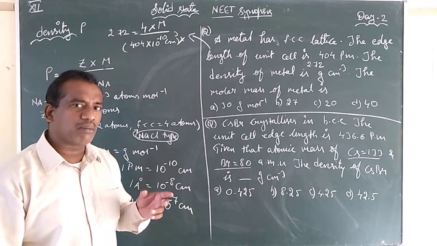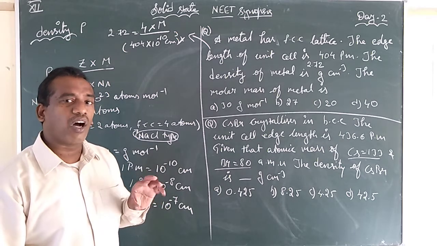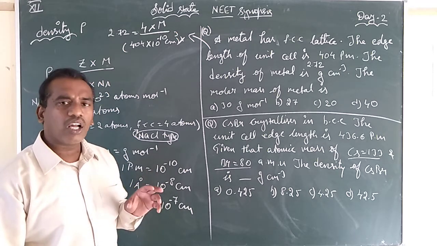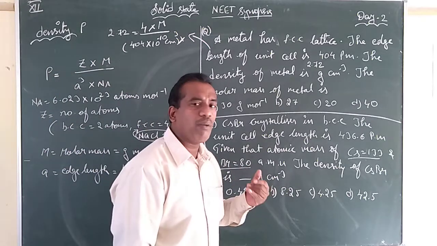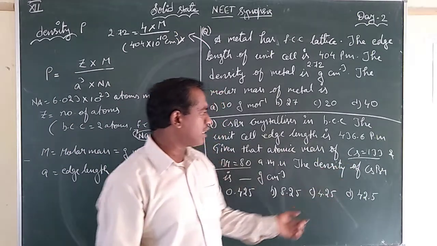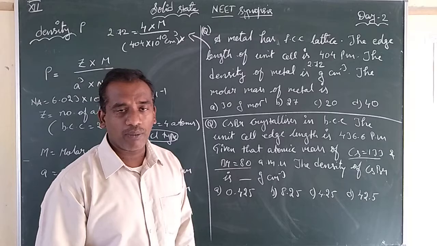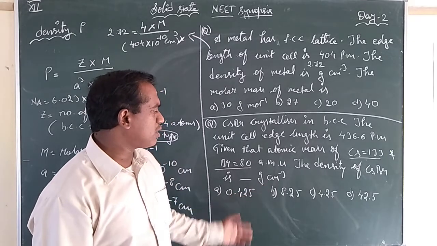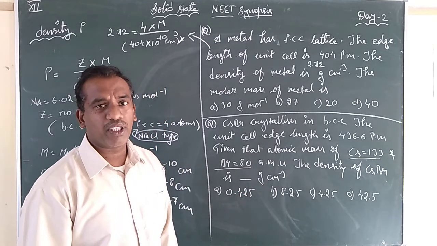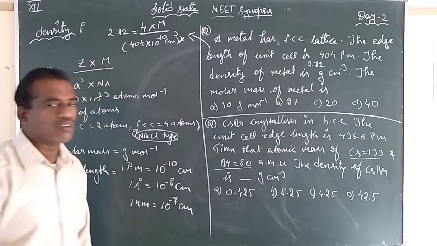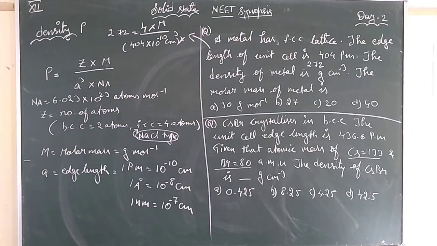In this case, you must sum up the atomic masses of all the given ions or elements. So the molar mass will be 133 plus 80. The density of cesium chloride is asked, so you can directly apply the formula. These are the two problems given as homework. You do and practice and find the correct option.